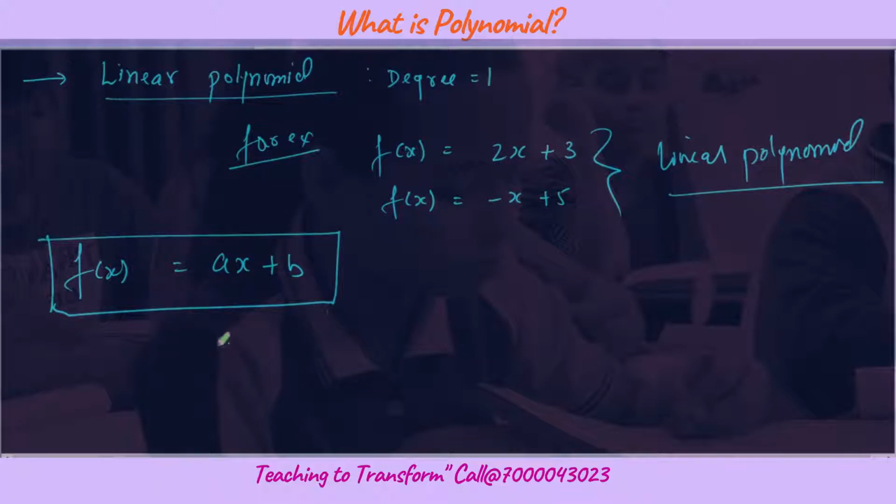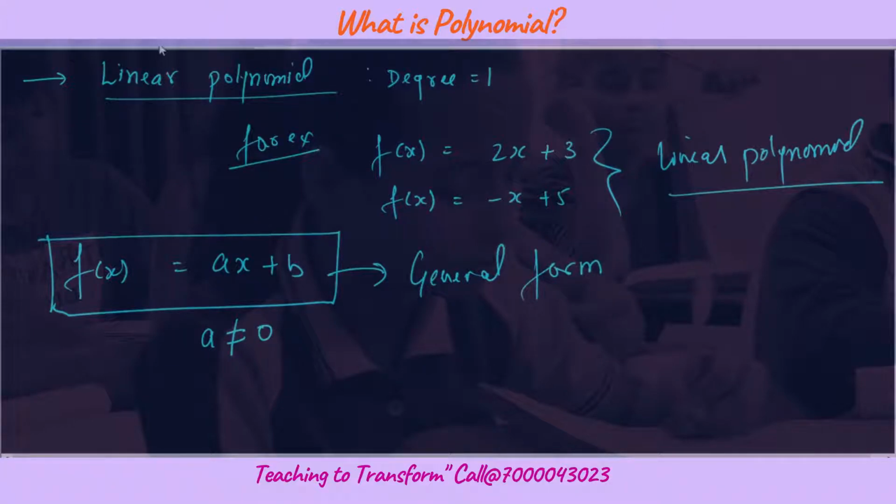But the condition is that a should not be equal to 0, and this is the general form to represent a linear polynomial.